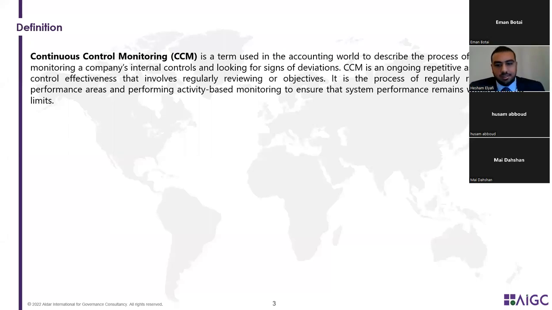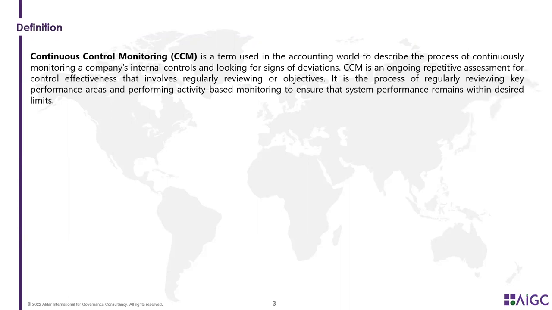Thank you. So continuous control monitoring and continuous audit are both terms used in accounting work to describe the process of continuously monitoring an activity within the business, whether it's monitoring the processes, internal controls, or systems, and looking for signs of deviation.